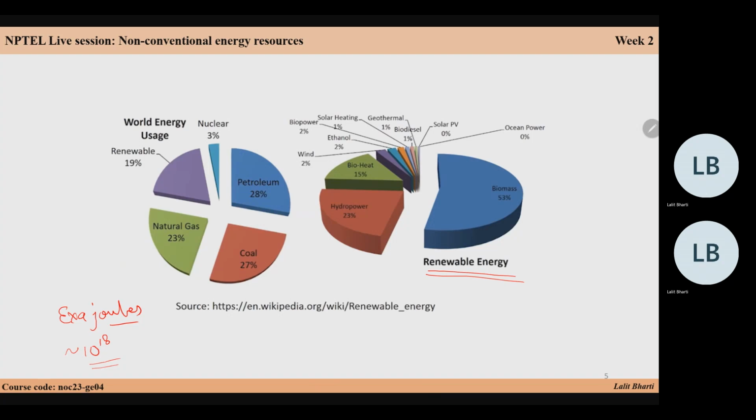Most of the energy is produced by biomass, 53%, then 23% by hydropower, which basically covers all the dams. 15% is bioheat, and the rest are in very small portions: biodiesel, solar photovoltaics, wind, biopower, solar heating, geothermal, etc. Although these trends are now changing and solar photovoltaics are increasing, still compared to biomass and hydropower, they are a very small percentage.